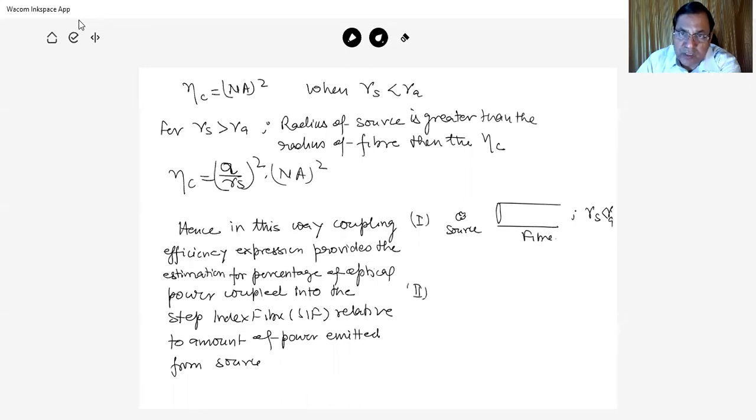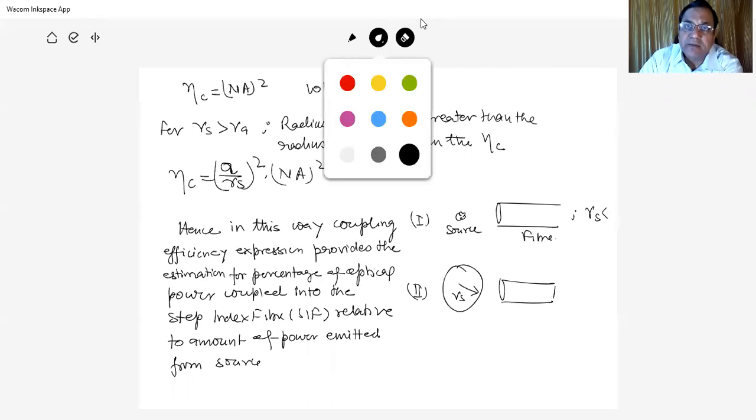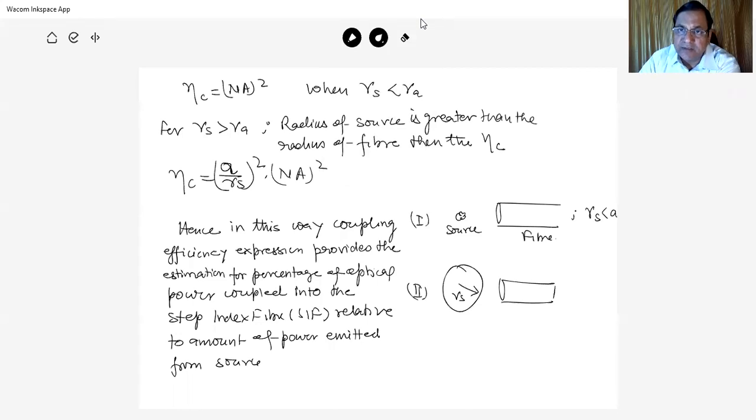The second case was, this was a source and here it is the fiber, RS and this is RA, or you directly call it A. So this is A and this is RS greater than A. So in both the cases, here the coupling efficiency is NA whole square, and here the coupling efficiency is A by RS whole square into NA square.